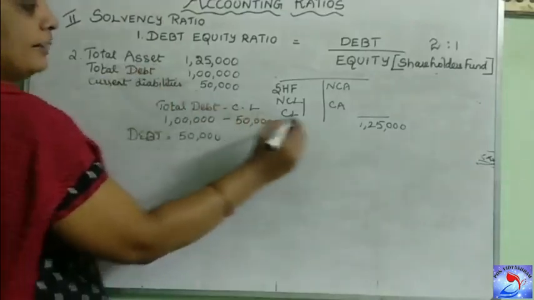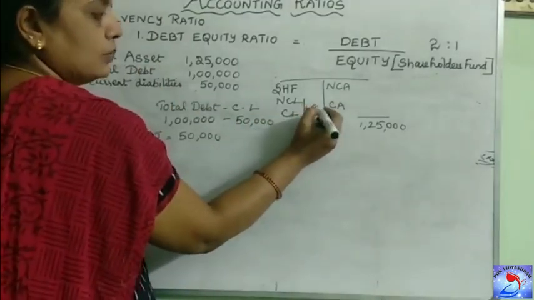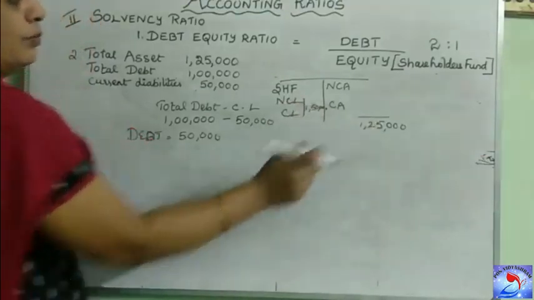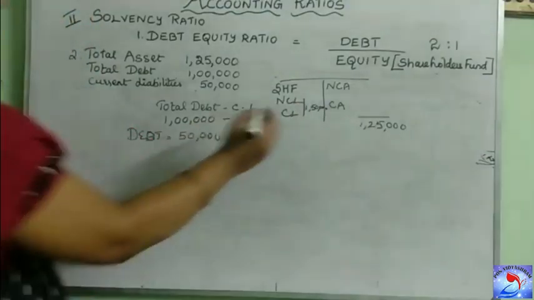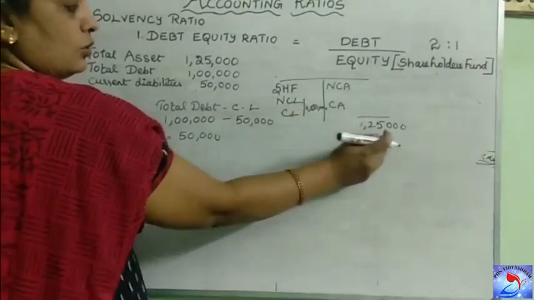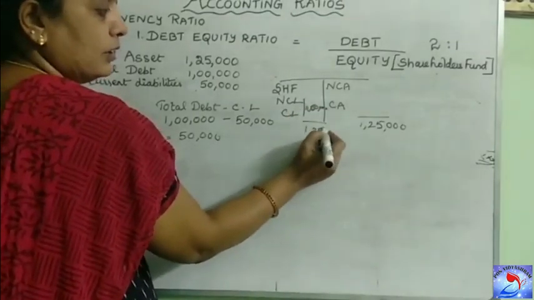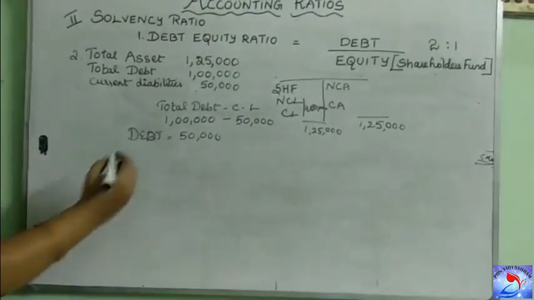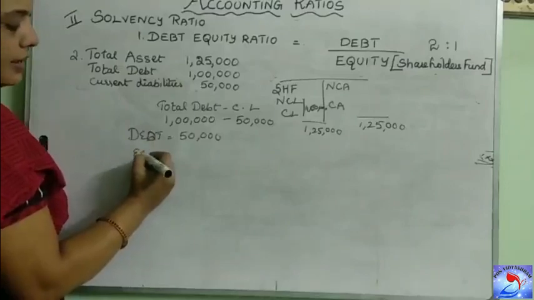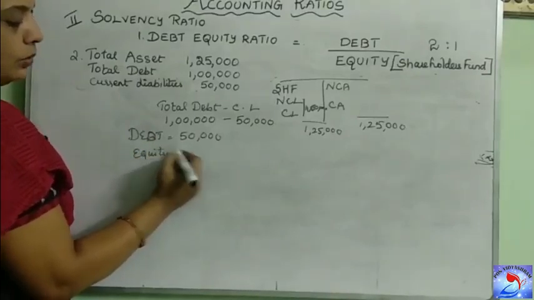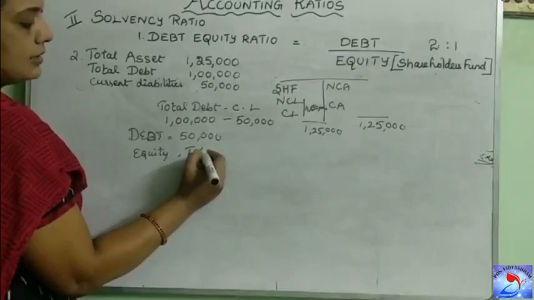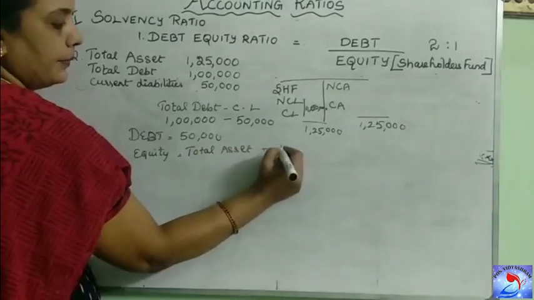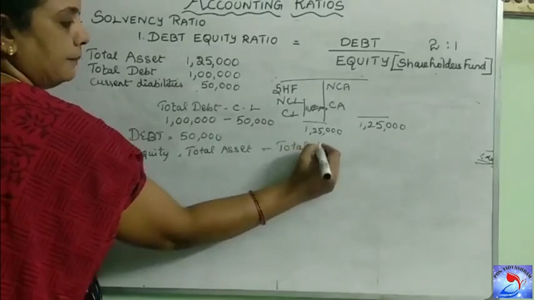You know both the things. Total debt is 1 lakh. So from 1,25,000, if I subtract this 1 lakh, I will get the shareholders fund. So I can say that equity is equal to total asset minus total debt.